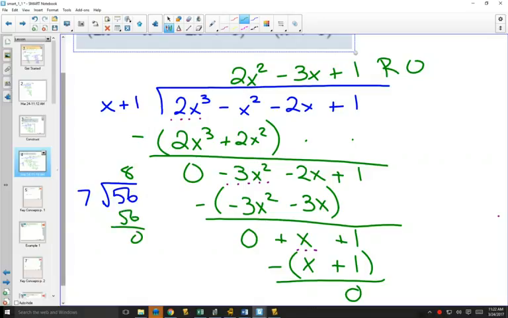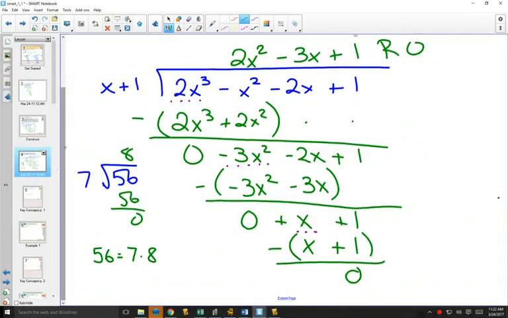What does that mean? That means that 56 is equal to 7 times 8. That's what dividing means, right? You can rewrite it as multiplication. So we could rewrite our statement right here. We just divided 2x cubed minus x squared minus 2x plus 1 by x plus 1, and we got that as an answer.